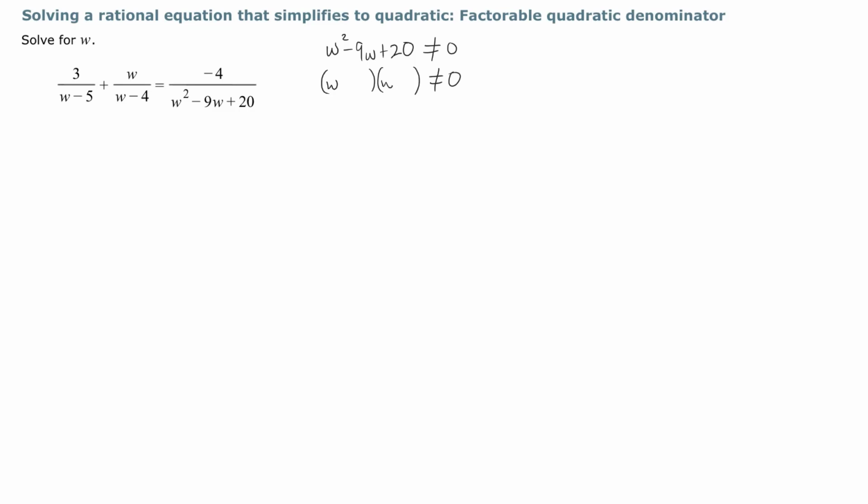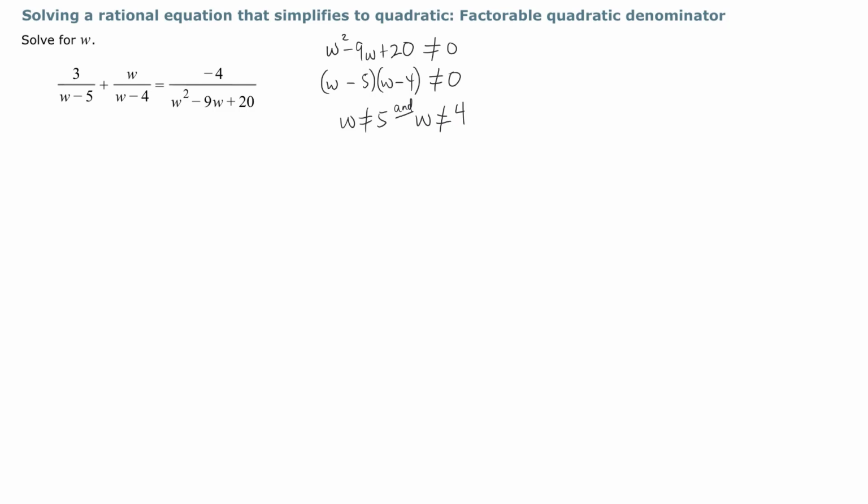This is w, 5, 4, subtract, subtract. And notice w can't be 5 and w can't be 4. One of the rare times that we actually write an and here because of the not equal symbol. Naturally, you write and because we don't want either of these w's.